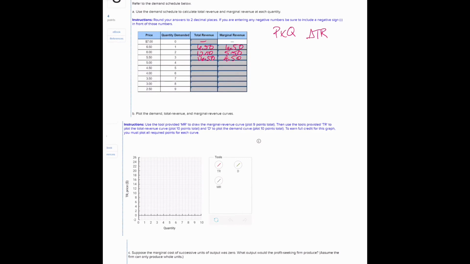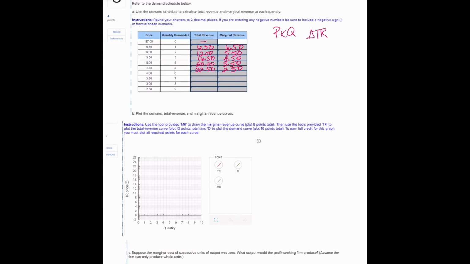Hopefully this is readable. Then we've got $20 and $22.50, and our marginal amounts are, let's see, 3.50 and 2.50. Hopefully that's as much as I'm going to need here. Yeah, I think we can stop there.